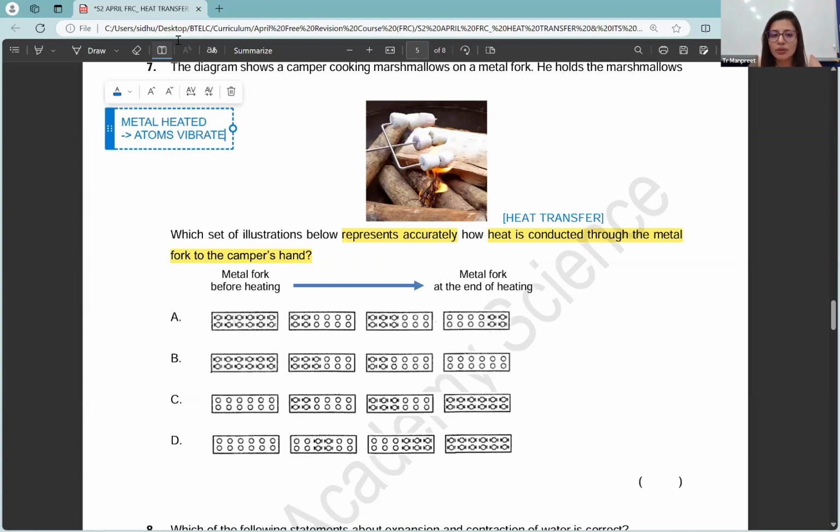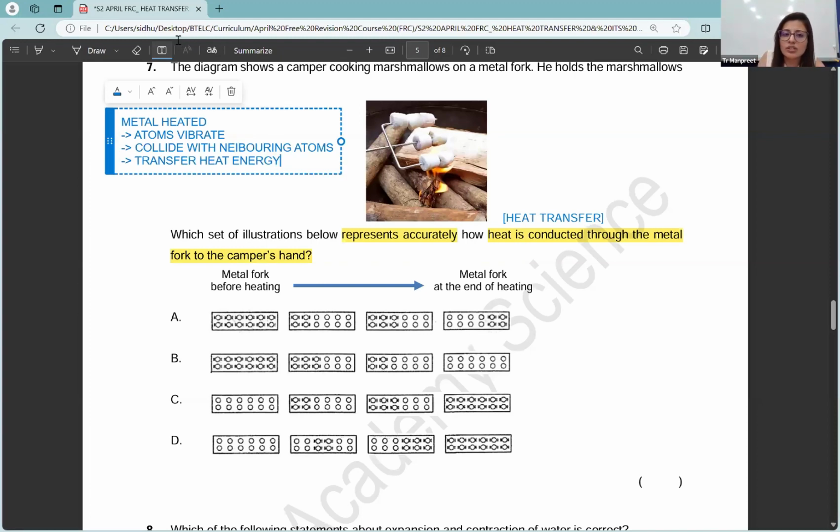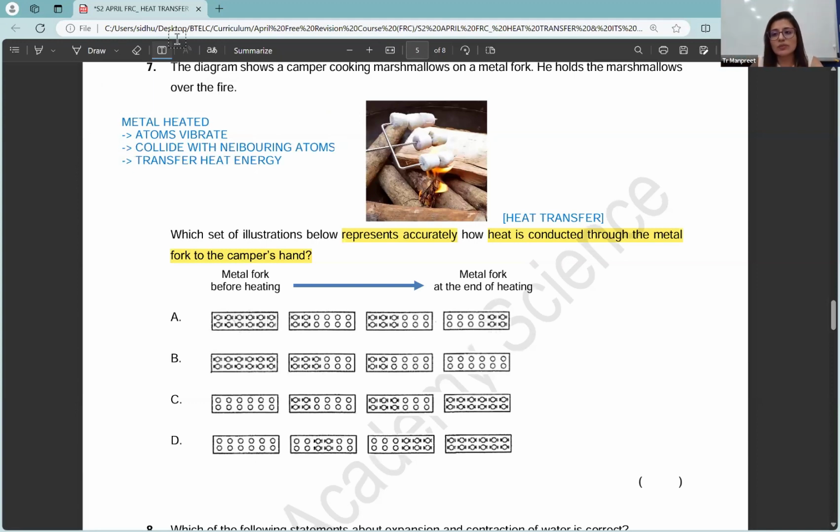So atoms vibrate, and then they will collide with the neighboring atoms. When they collide with the neighboring atoms, they transfer the heat energy. That's how heat is transferred in a metal.